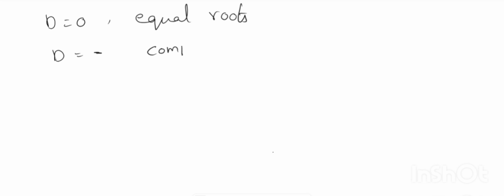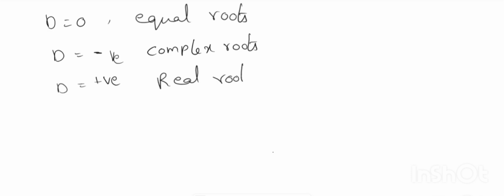If D is equal to 0, then we'll get equal roots. If D is negative, we will get complex roots. And if D is positive, then we'll get real roots. Equal roots, complex, and real.